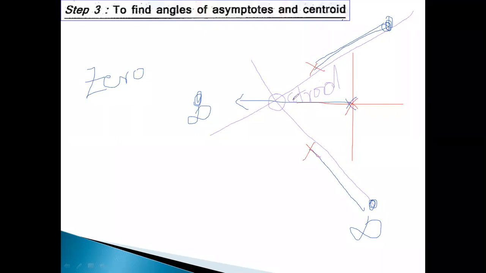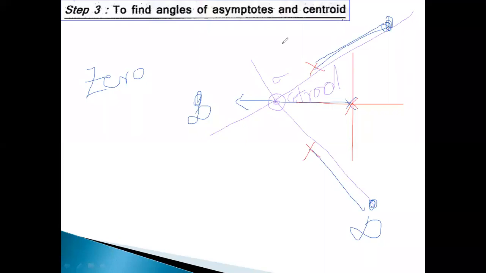Okay, so the intersection point with the real axis is called the centroid. Generally, that is represented by sigma. It is a real value because the asymptote has to start from this point.